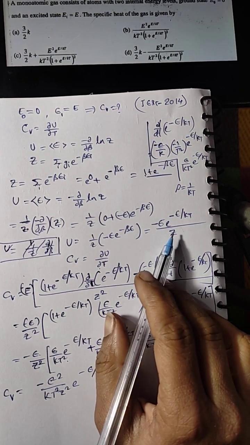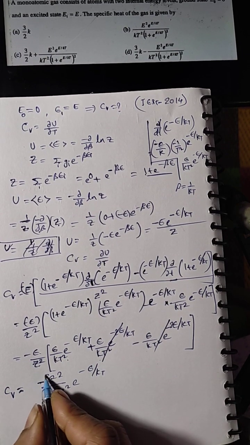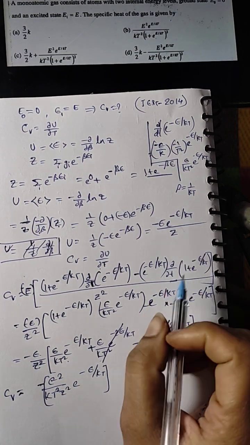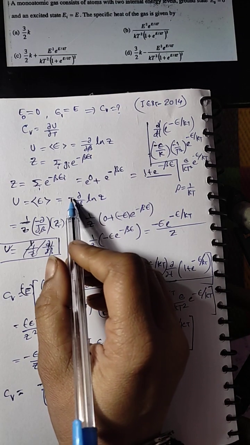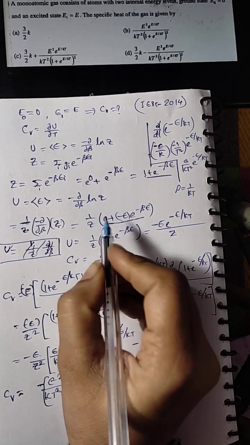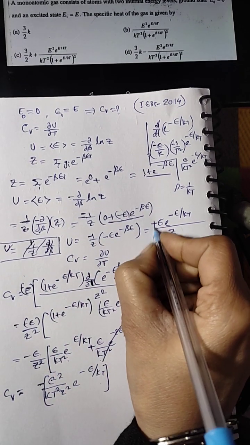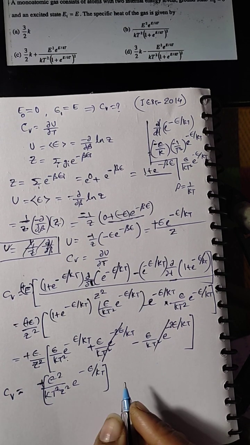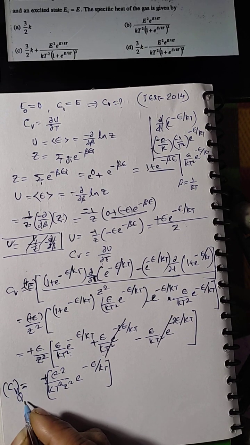And here, for the internal energy, we did somewhere make a mistake. Here it is minus dou by dou beta, ln Z is the inside term, minus we are having here, so minus minus minus and minus we will get plus, plus E. Okay, so this is for specific heat in quantum mechanics.